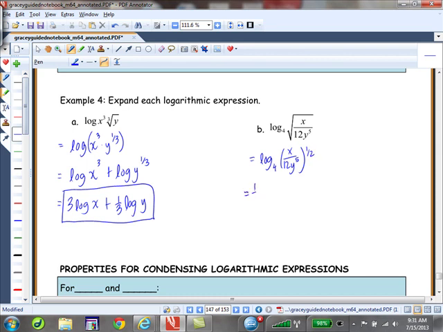So we can bring that 1/2 outside. We get log base 4 of x over 12y to the 5th. So now the 1/2 will become a multiplier, and we'll have log base 4 of x minus log base 4 of 12y to the 5th.